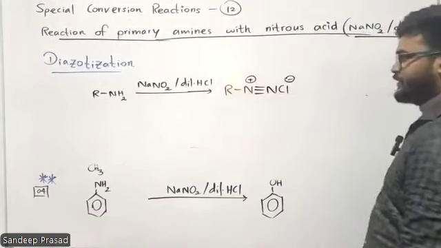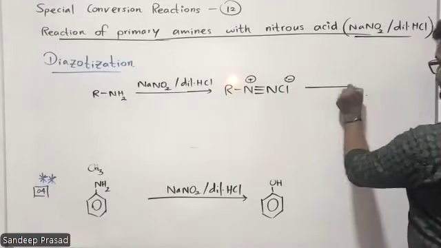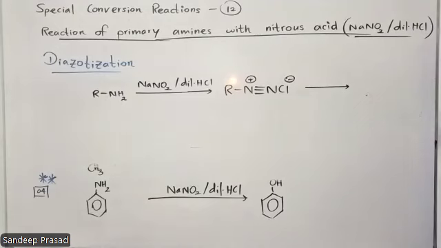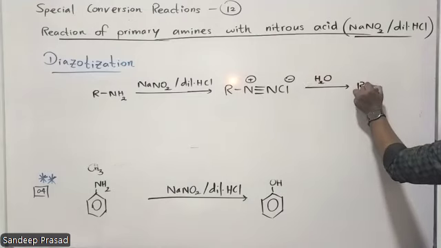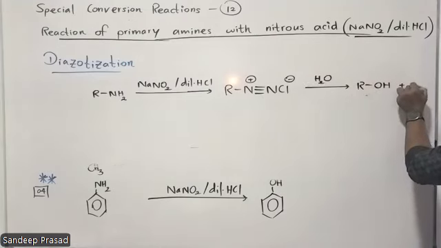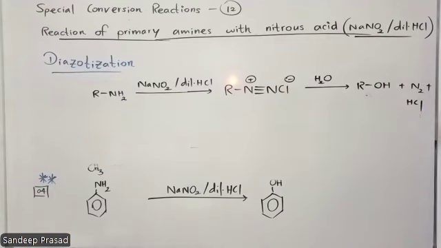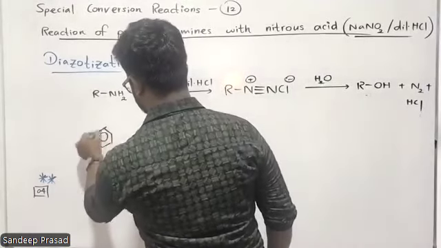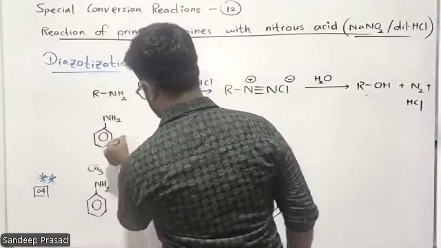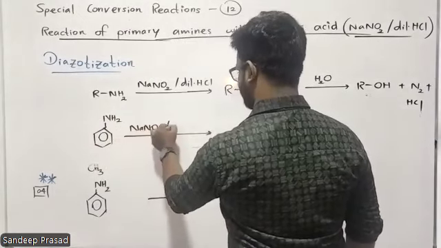This is an alkyl diazonium salt, right? Understood? This is what happened. Next, this is converted into what? Alcohol, ROH. So the byproducts are N2 and HCl. So when we have aniline, in the case of aniline, what will happen? Sodium nitrite and diluted HCl is added.